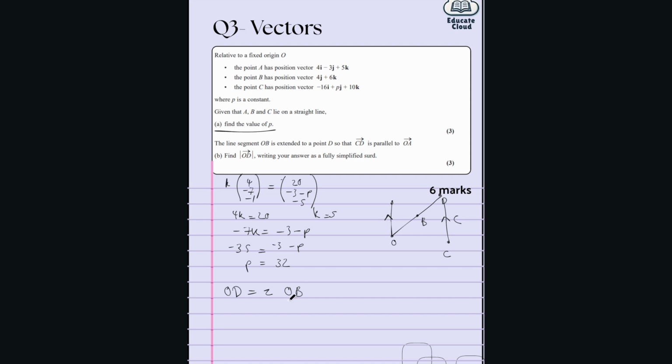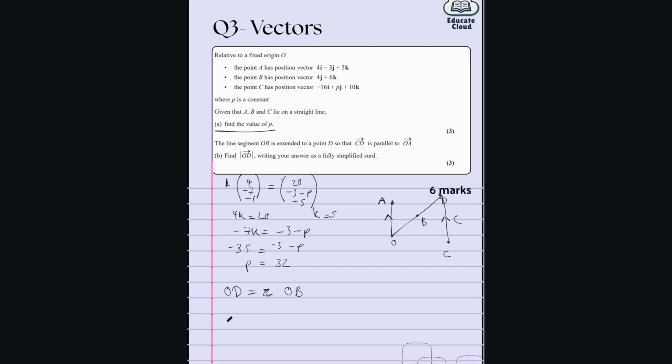And then if CD is parallel to OA, then CD will be some lots of OA. So again, CD and OA are parallel, there'll be some lots of each other. So we can set up equations to help us do that.